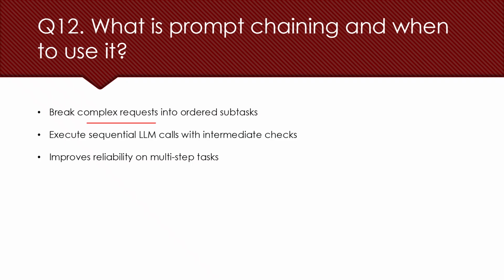Breaking the problem into steps lets you validate intermediate results, right? It will help you do immediate checks and apply business rules between steps and reduce the cognitive load on the LLM. Prompt chaining is particularly valuable for workflows that require decision points and external API calls.